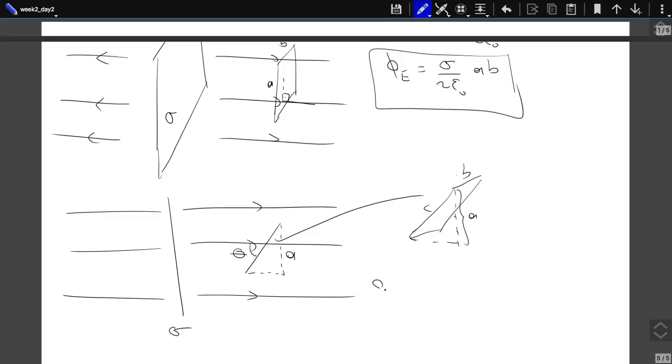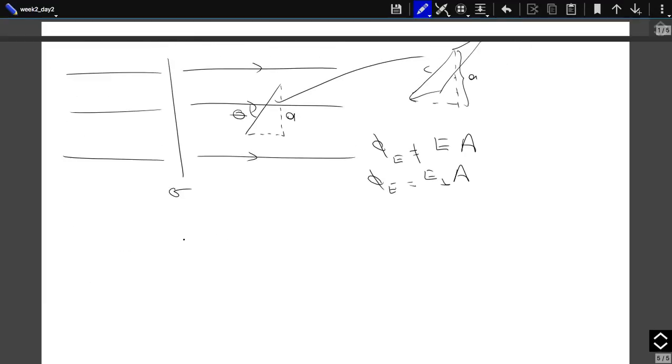Now, what is the flux? This time it is not just E times A, because the area is no longer perpendicular to the electric field. So we should take the perpendicular component of the electric field and multiply it by the area. This is my surface, this is my electric field, this is theta.